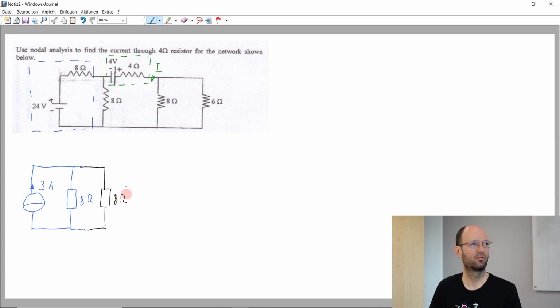This is the original 8 ohm. Then we have this green part of the network, and the green part of the network now is also converted into a parallel connection of a current source. And the current source, if the voltage here is pointing in this direction, the current source will also point in the opposite direction, so to the right, and this is the converted 4 ohm resistor.